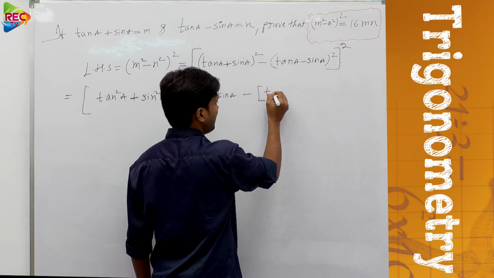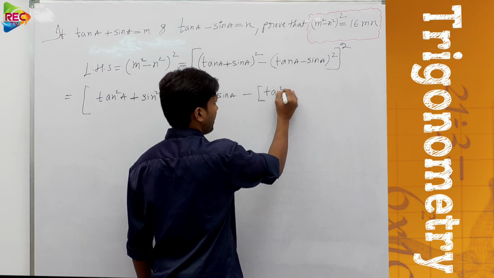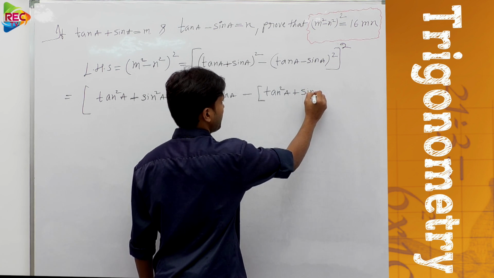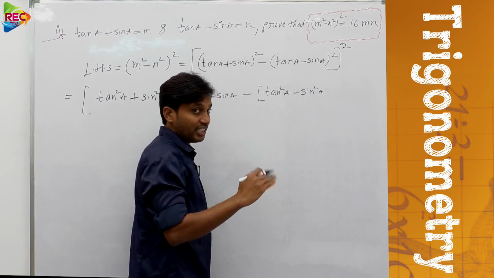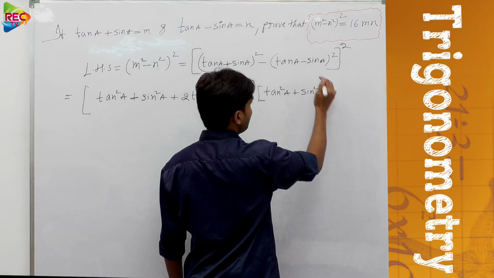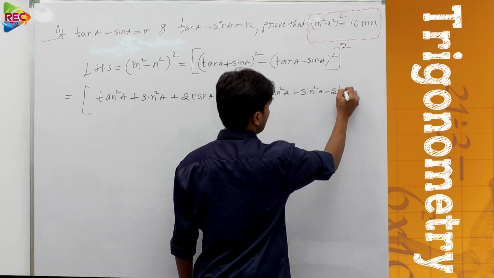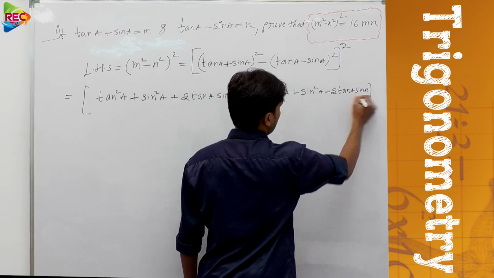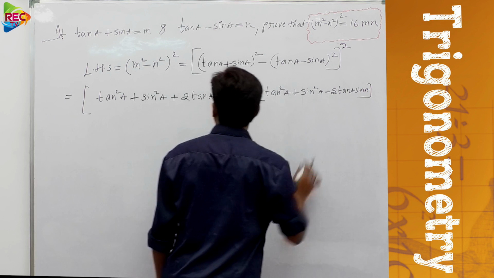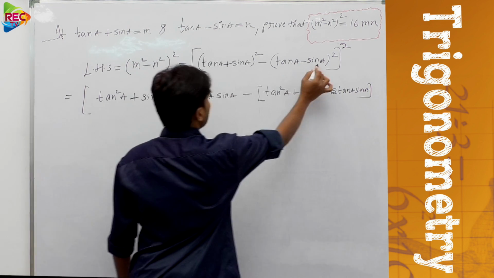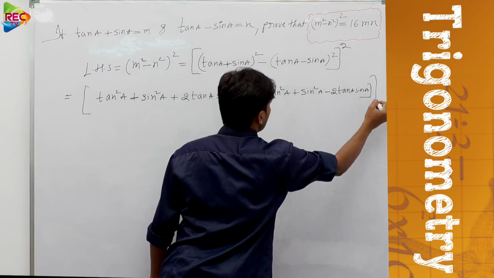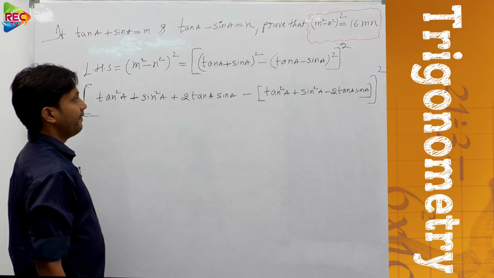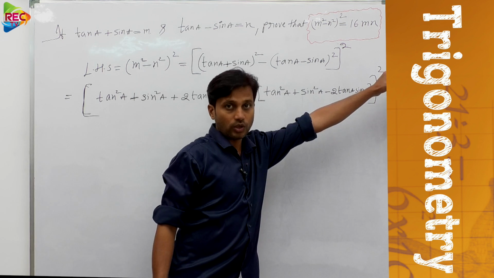Tan A. So tan A whole square, that means tan square A, plus b square, that is sin A whole square, that means sin square A, minus 2ab, minus 2 tan A sin A. Bracket is closed. Now for this entire expression there is whole square, keep whole square also.